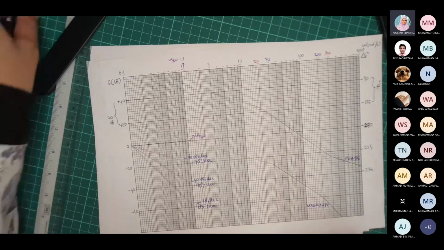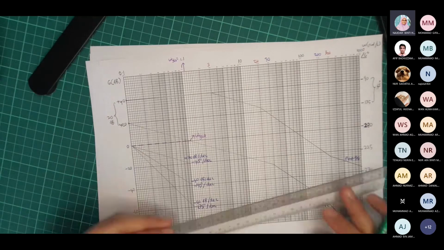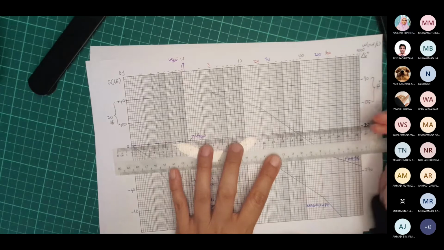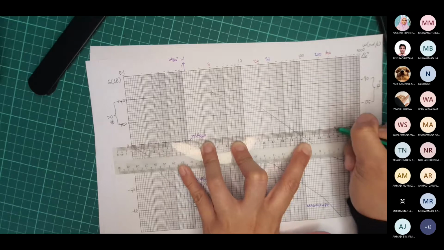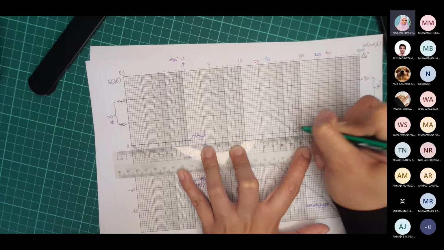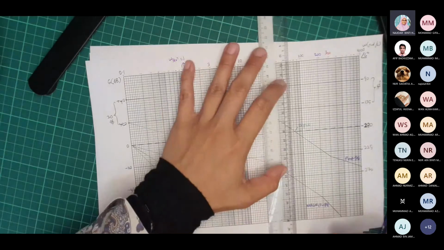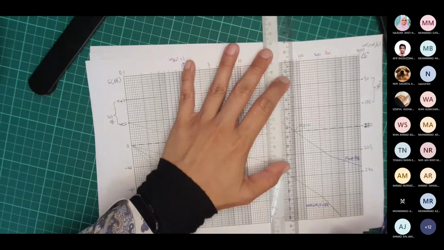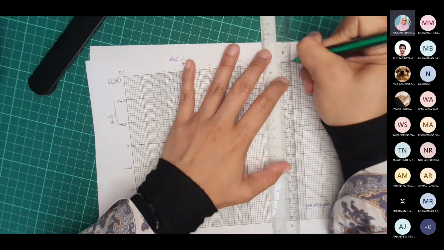Okay, the next one, the second step is referring to the phase plot at negative 180 degree. This is omega PCO. You should decide what is your value.